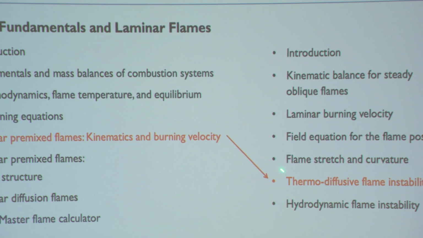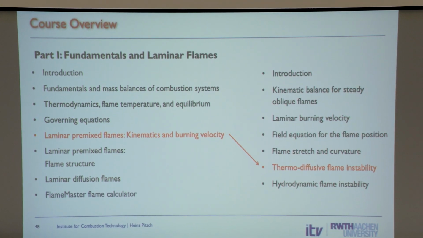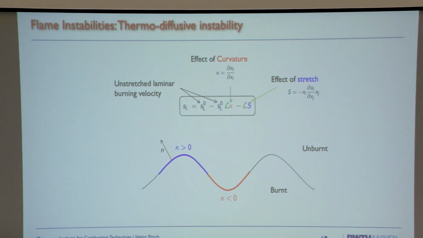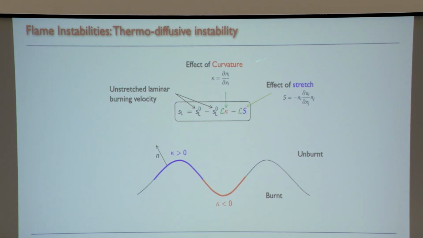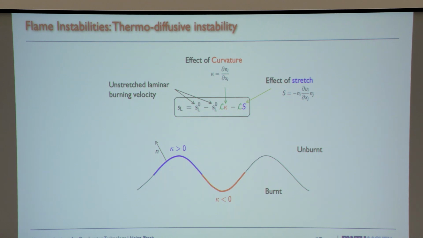Okay, so that's the flame stretch, and there are some interesting aspects that come out of this, especially when it comes to hydrogen. So this is a flame here, and let's say the flame is a little bit perturbed.